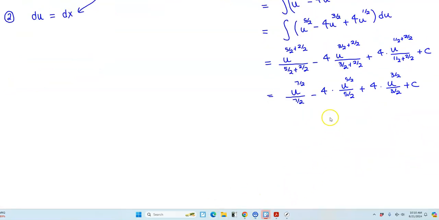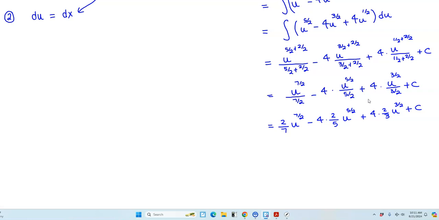Okay, now remember that we're going to take the reciprocal of what we have in the denominator and multiply it by that term. So this now becomes 2/7 times u to the 7 over 2, minus 4 times the reciprocal of the fraction in the denominator, which is 2/5, times u to the 5 over 2, plus 4 times 2 over 3 u to the power 3 over 2, plus c.